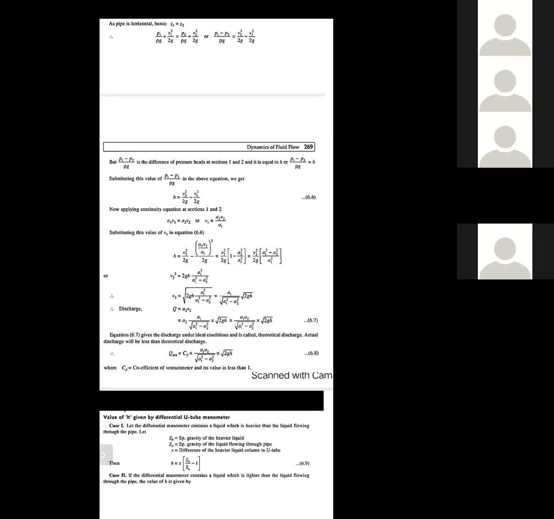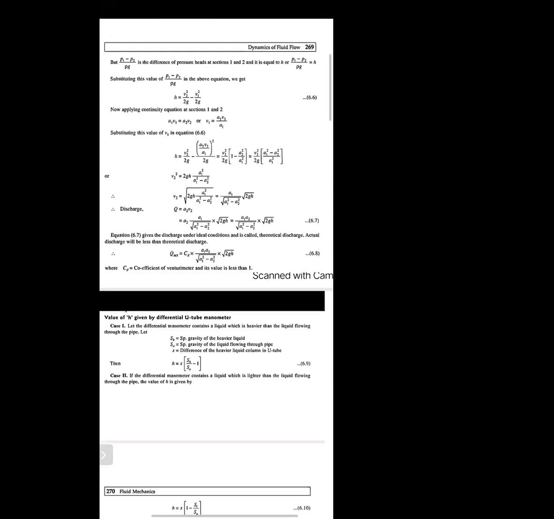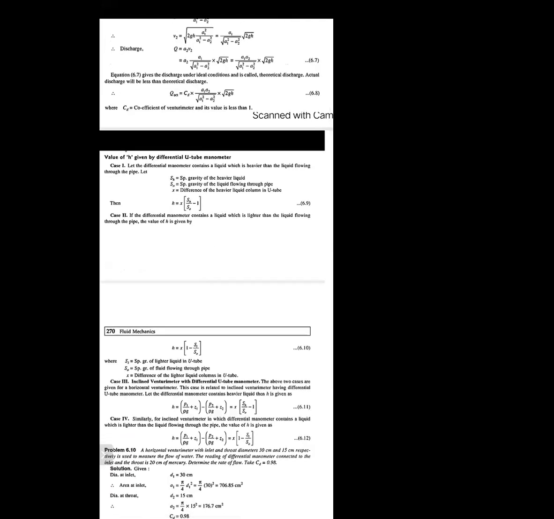In case one, the differential manometer contains liquid heavier than the liquid flowing through the pipe. It means the liquid present in the manometer is heavier, and the liquid flowing through the tube is lighter.